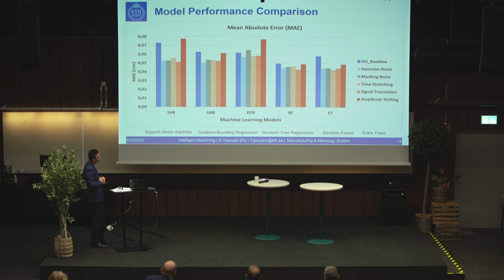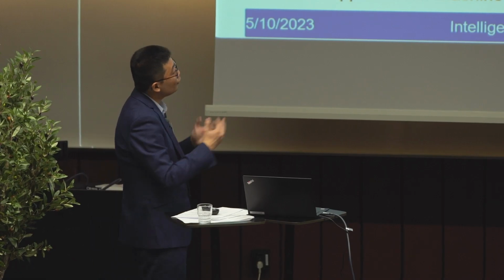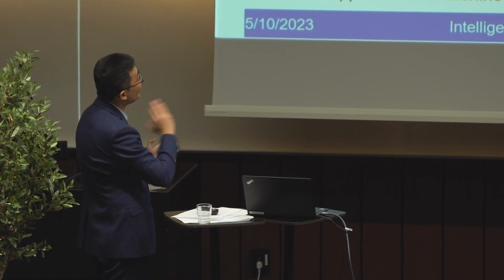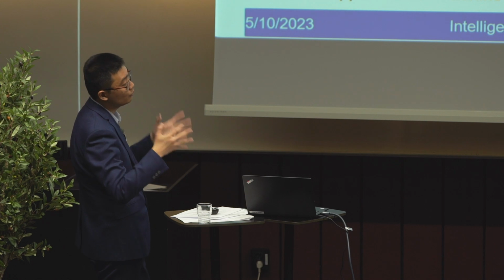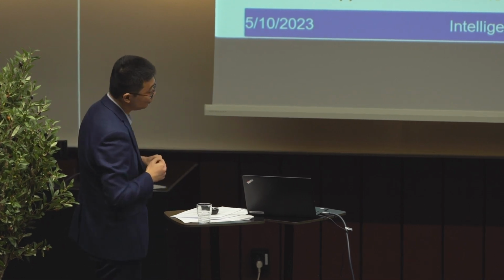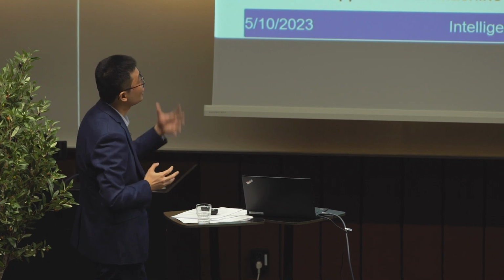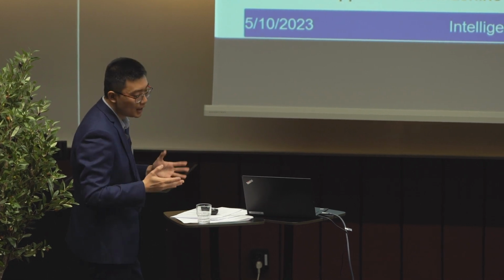And the other colors represent the mean absolute error provided by the model trained by a combination of original data and also augmented data. From here, we can see almost all augmentation methods help machine learning models reduce the mean absolute error.